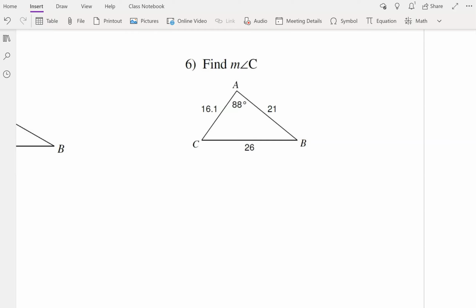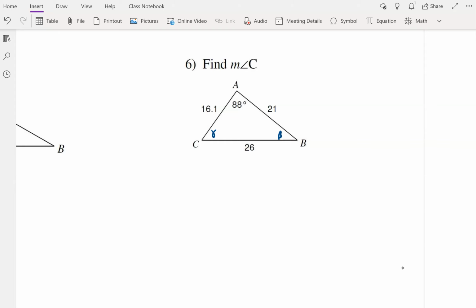What I would suggest doing, and just getting in a habit of doing this, is when you're trying to find an angle, find the biggest missing one first, okay? The way you find the biggest one is, of course, the bigger a side is, the bigger the angle is opposite it. So we know that this gamma here is going to be bigger than this beta here, because the 21 is bigger than the 16.1.